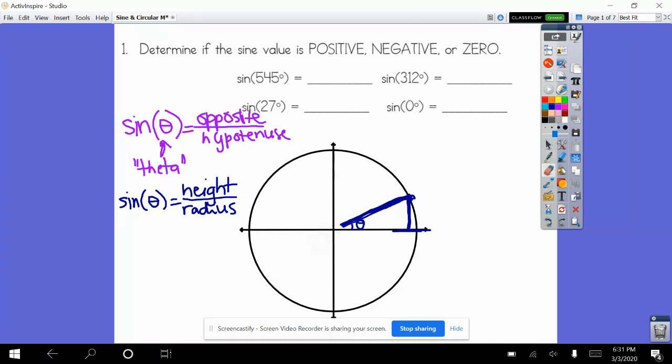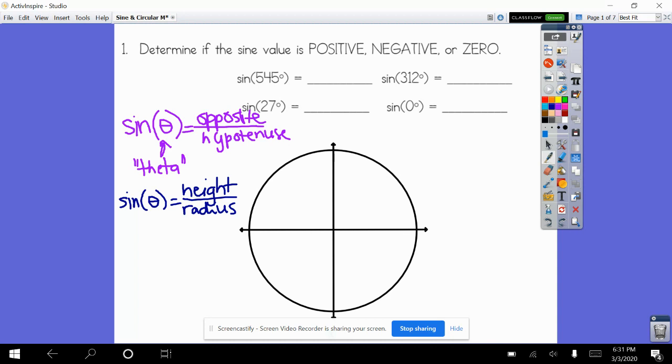So just think of sine as those things. Instead of thinking about the opposite over hypotenuse in the context of a circle, we can just think of it as the height divided by the radius. So all we have to do is determine if the sine value is positive, negative, or zero.